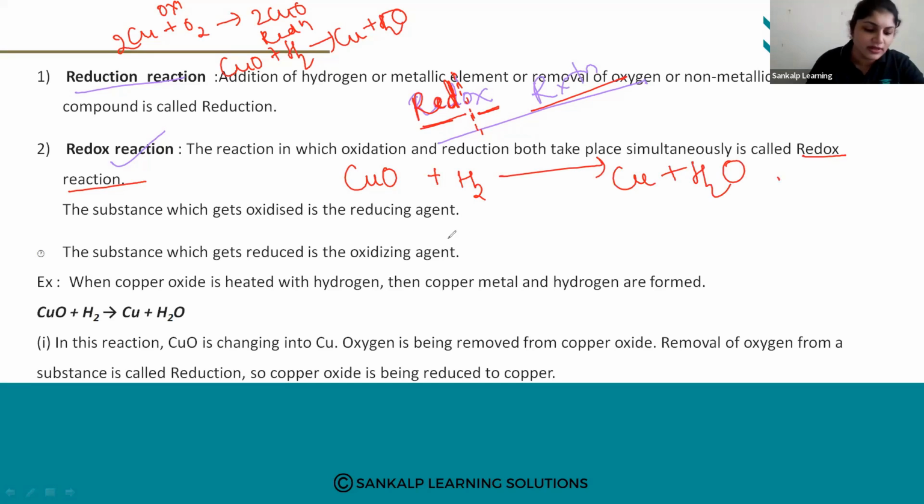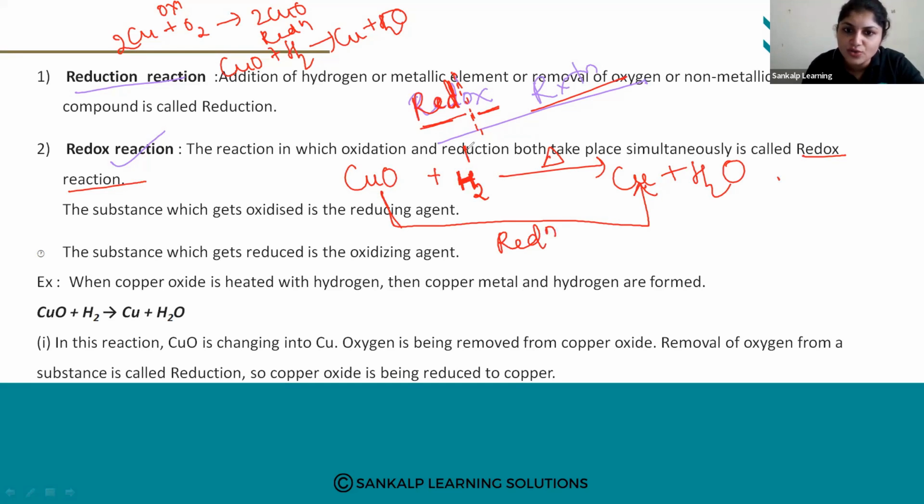So here what is happening? Here you have to heat. In CuO, you are adding hydrogen, and it is getting converted to Cu. So this is a reduction reaction.